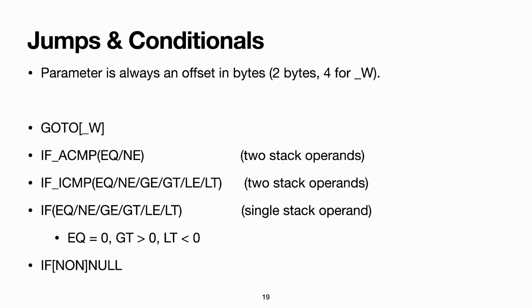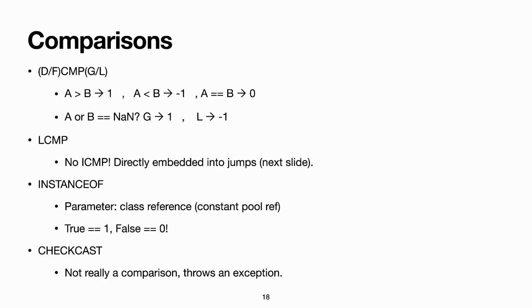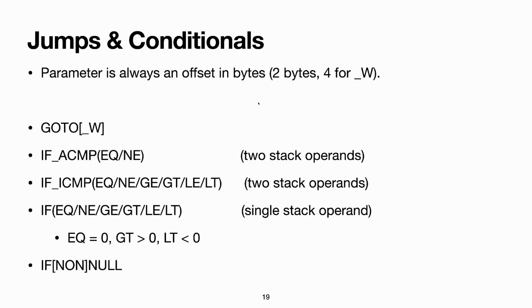And what this does is that if equal here, then if the operand is 0, it will jump. Not equal, if it's not 0, greater or equal, if it's greater or equal to 0, etc. And these are exactly the results that you would get from the CMP operation here. So they are to be used in combination.